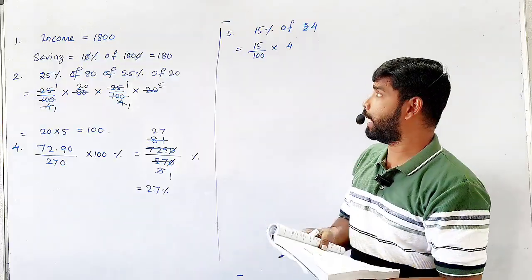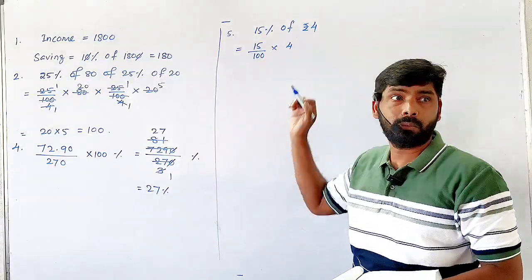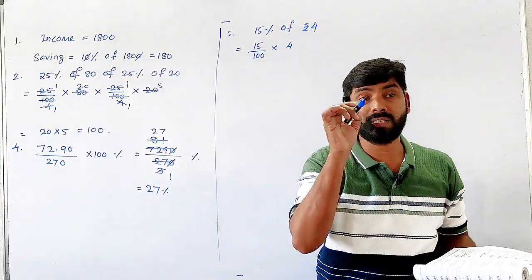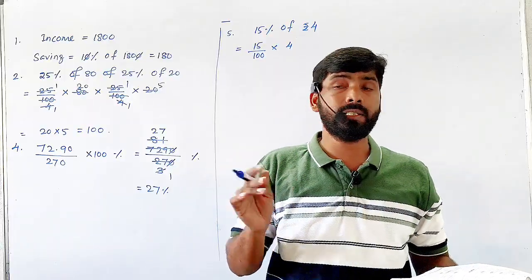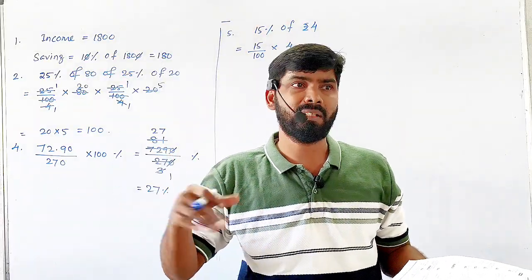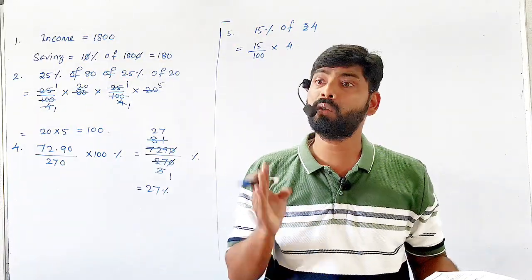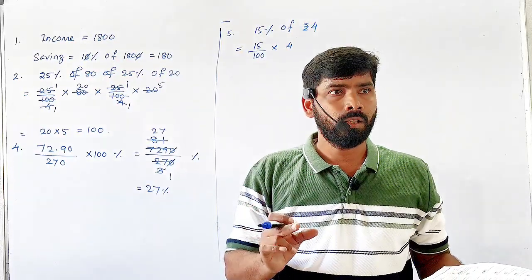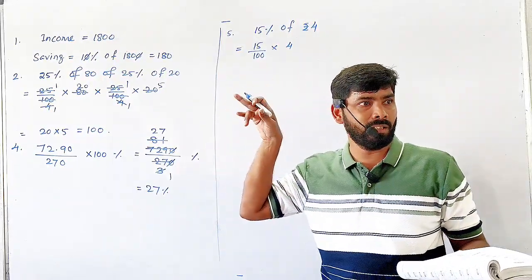Some students, what will they do? They will cancel here, 5 table, 4 table. No need to cancel, because while solving the question, once you see which form the options are given in, decimal form or fraction form. After that, you can apply your brain if you have.